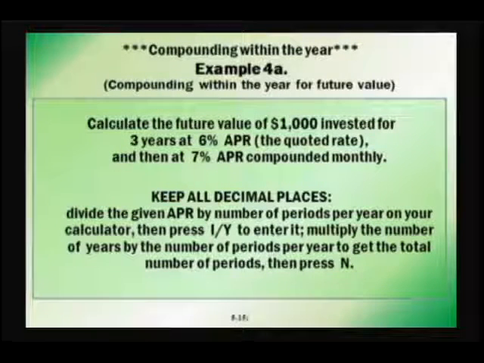To get it to a monthly APR, we will divide the interest rate by 12. To get the number of periods, we'll take the number of years times 12 to get the number of months.